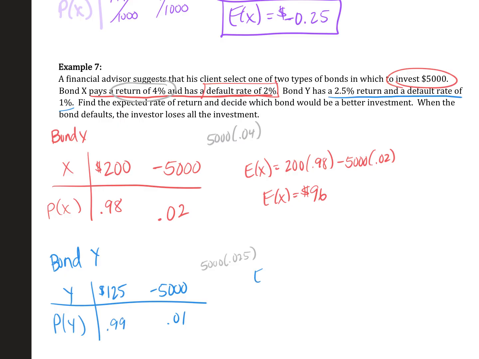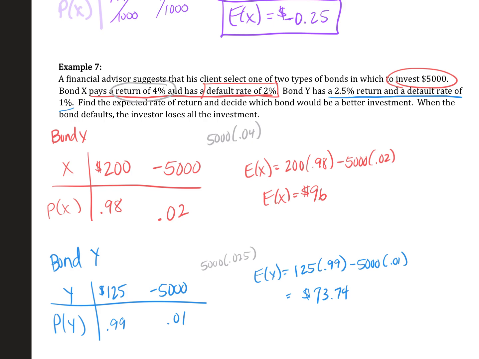So my expected value of Y is going to be $73.74.